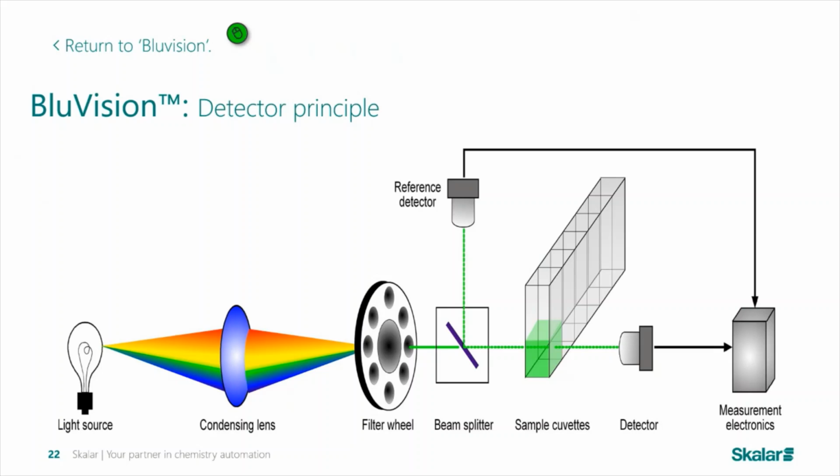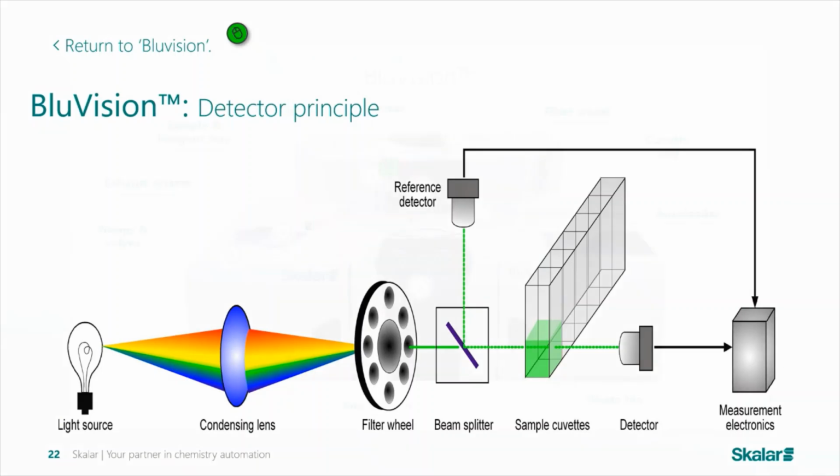Then we come to our splitter, with a large portion of the light passing through the sample cuvette itself, through the color product of our reaction to the photocell, and then onwards for quantification and a calculation in the software. The rest of our light passes to a reference detector, and what that's doing is correcting for any electrical noise and fluctuations in the lamp. So this is a dual beam or split beam detector.